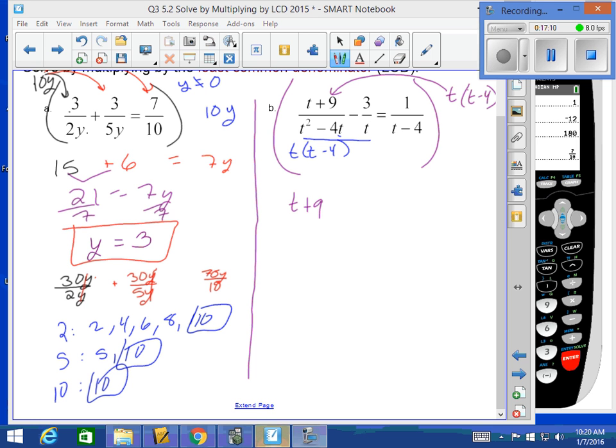And then here, where it's a minus, if it's a minus, I usually put that as a plus, and then put the negative right there. So then I'll have plus negative 3, and then when I multiply this t times t minus 4 here, I can see that this t on the denominator would cancel with this t right here. So I'm really just multiplying that negative 3 by the t minus 4.